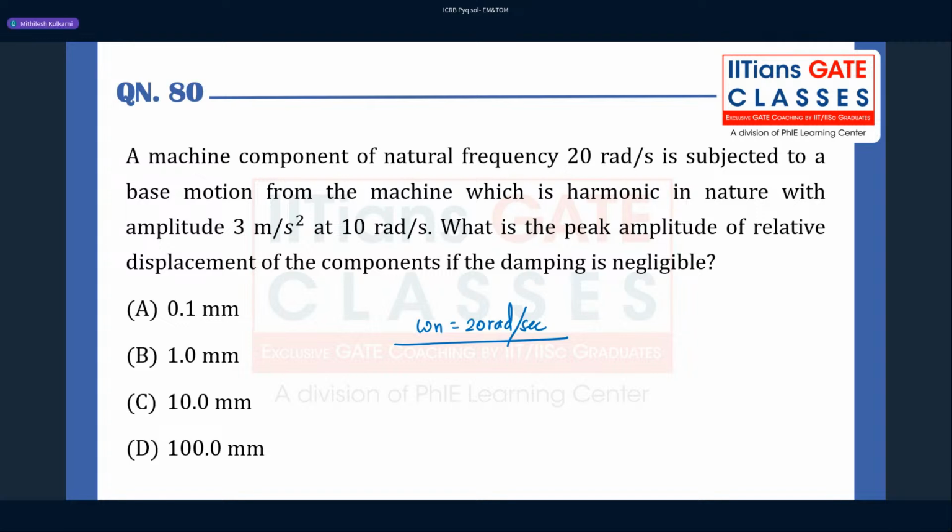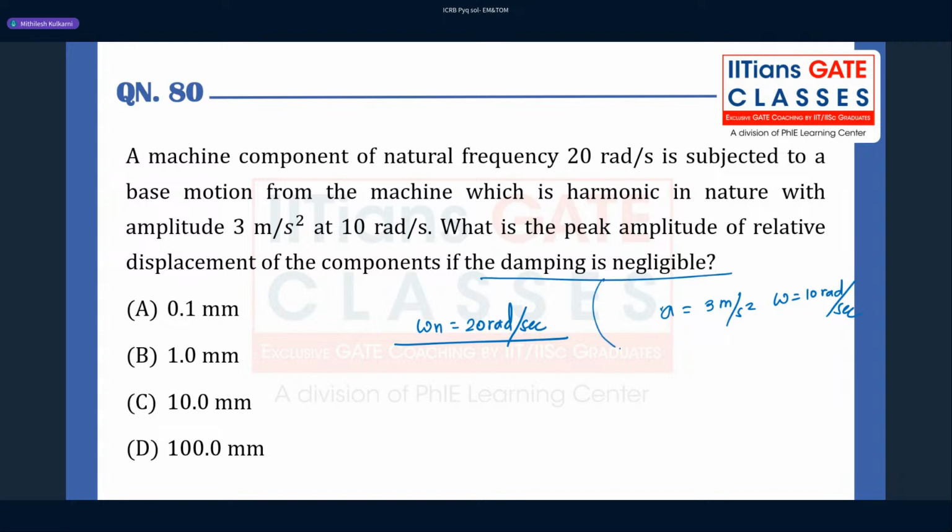So in this case, the amplitude is given as acceleration, 3 meters per second square, and omega is given as 10 radian per second. What is the peak amplitude of relative displacement of the component if damping is negligible?